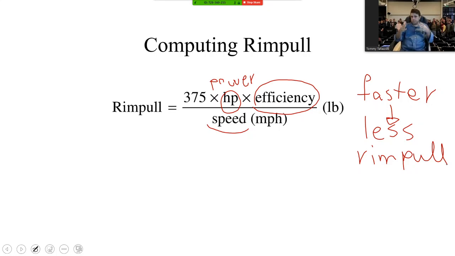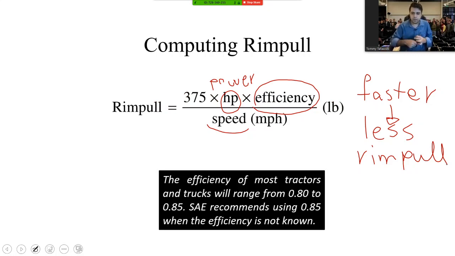Because a lot of speed will create less rim pull effort. Does that make sense? So in order to create a higher rim pull force, you should go more slowly, okay? That is the rule. Speed and rim pull effort are vice versa.